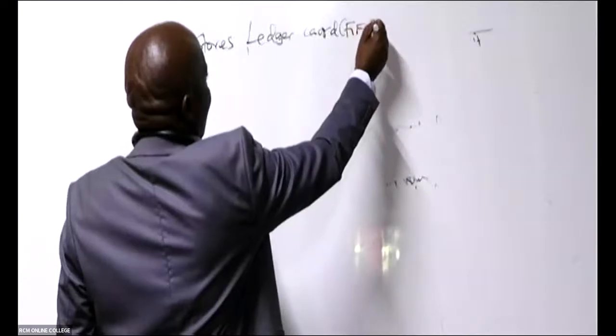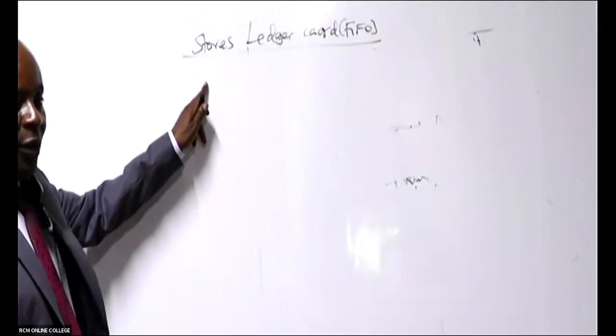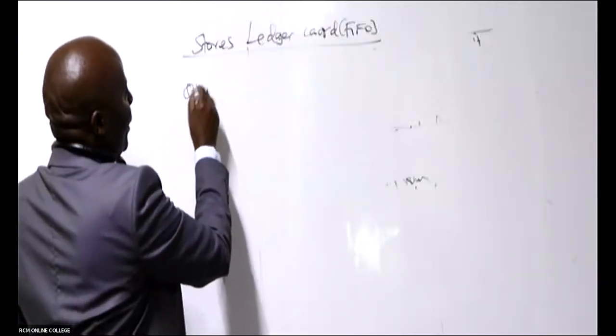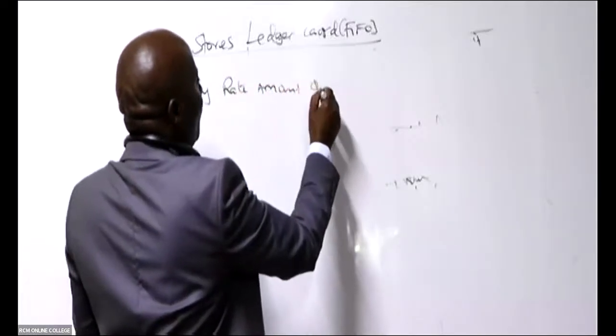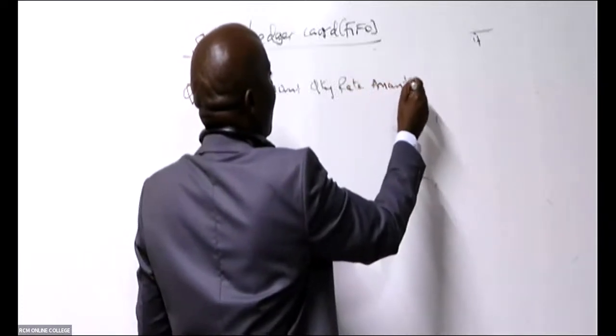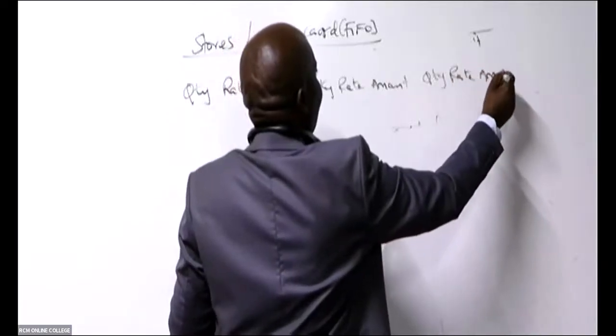First in, first out. You always skip a line. Once you skip a line, you write here quantity, rate, amount.